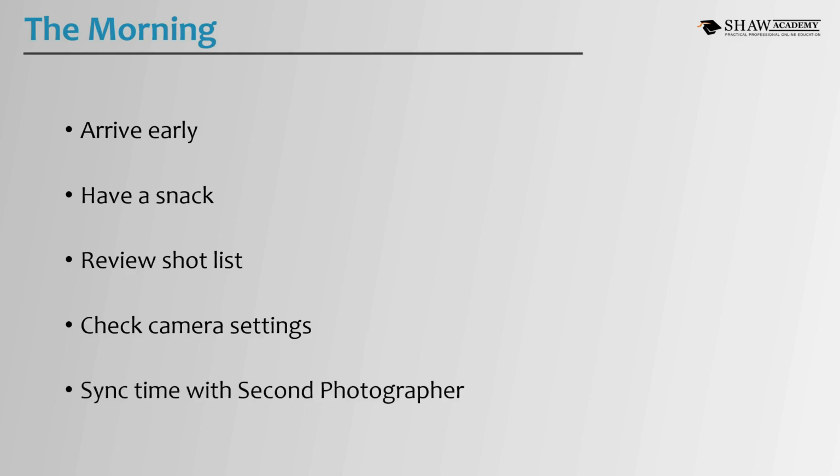If you are shooting with a second photographer, make sure they've done all of the same things and synchronize the time on your cameras now, okay? I talked about this already. You basically set the time on your two different cameras at the exact same time, okay? And that is basically going to help you quite a bit later on when you're importing all the images into Photoshop, Lightroom, or whatever other software you're using.